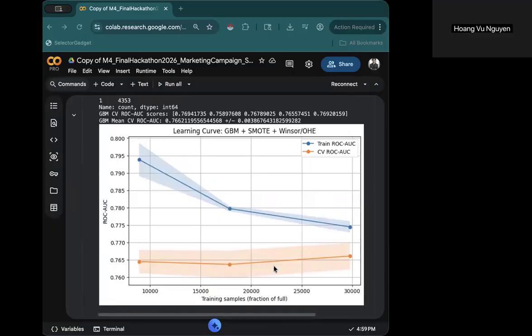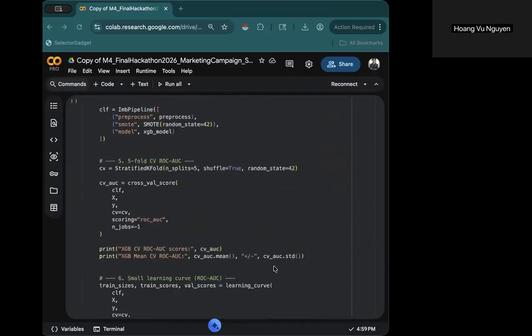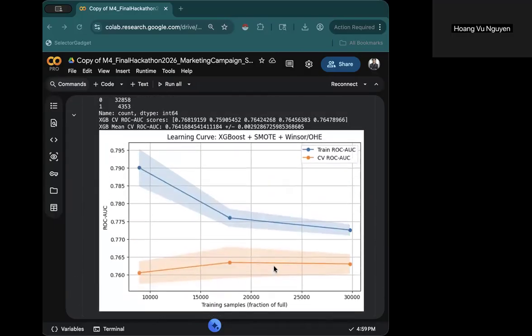Moving on to our GBM model, it seems to be well fitted, as the training and cross-validation ROC AUC gap is relatively narrow and converges as the training samples increase. We can see almost the same thing with our XGBoost model, which indicates that the XGBoost and GBM models are well fitted for our dataset and for our business objective.